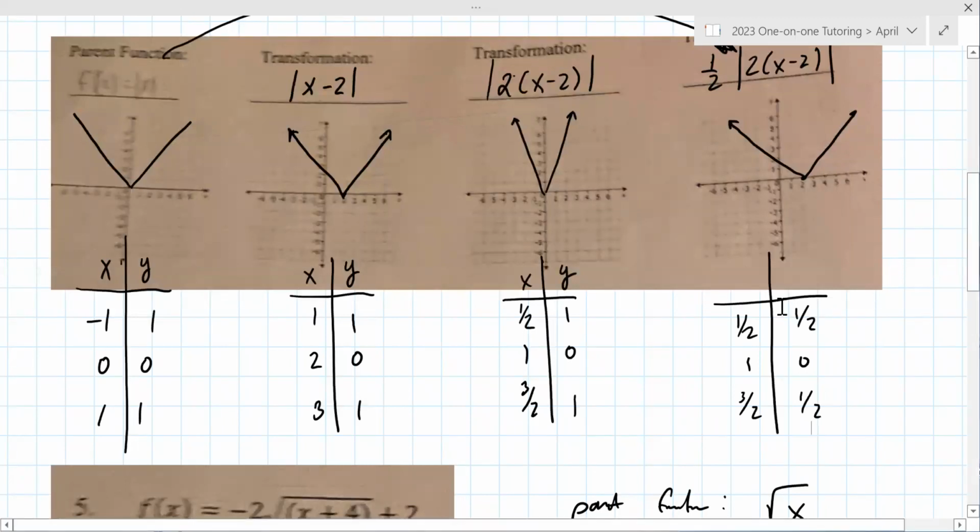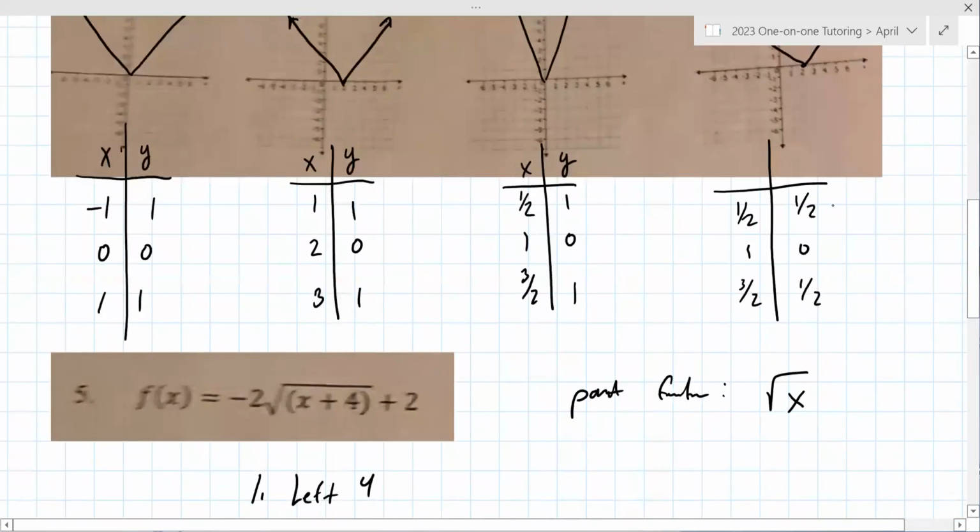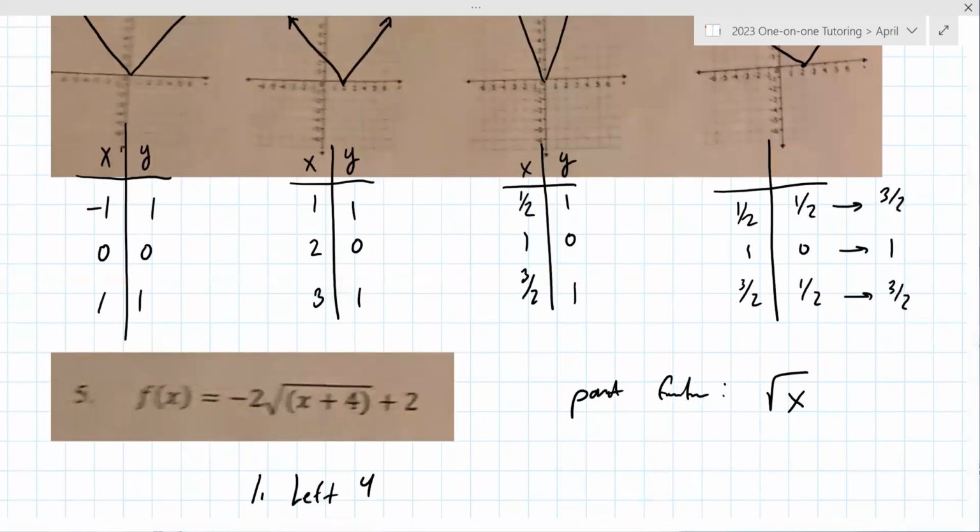Yes, they all go up by 1, so the Y values go up by 1. So you could change this to 3/2, +1, and 3/2. Okay. I don't know why I was struggling with that one. That's not too bad.